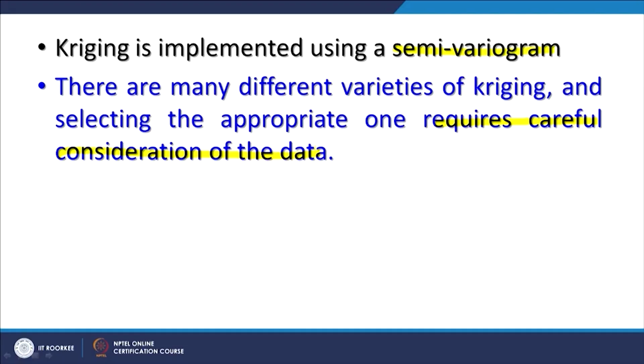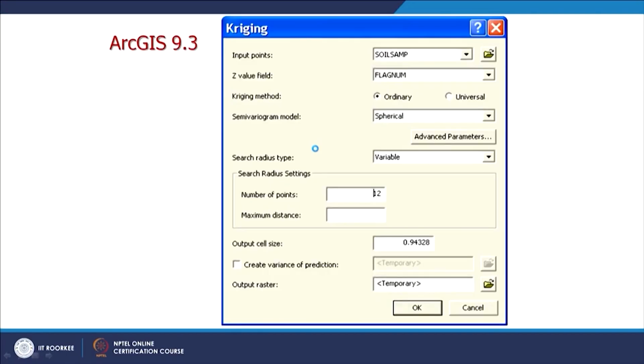If we have prior knowledge of the terrain conditions or characteristics of my input data points, then I can choose. Otherwise, no literature or software will ever tell you to choose this variant of kriging or these options within kriging. Nobody will ever tell you. It depends on your data type, input, or characteristics.